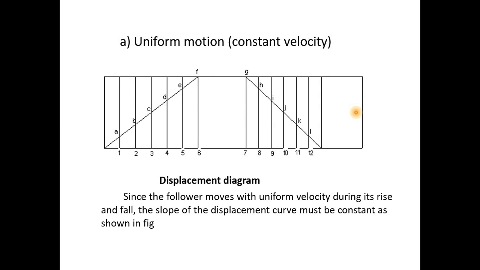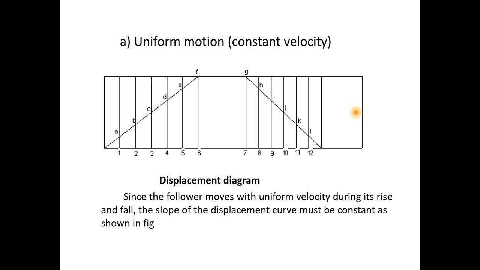Start one by one. So what is uniform velocity, or what we call uniform motion? You can see over here, in case of uniform motion or uniform velocity, the motion of the entire follower is uniform throughout the entire rotation of the cam.